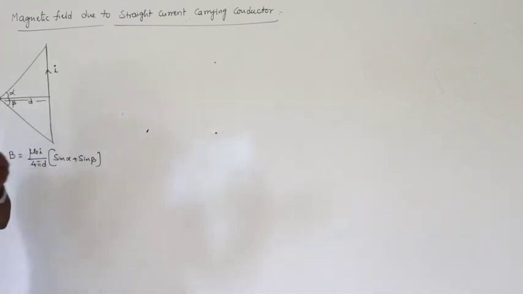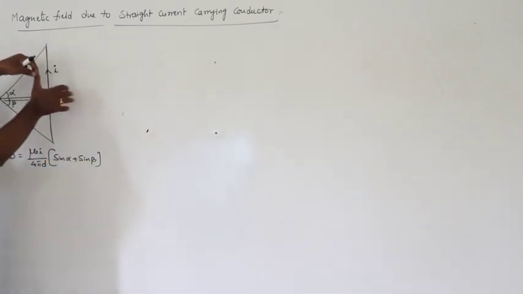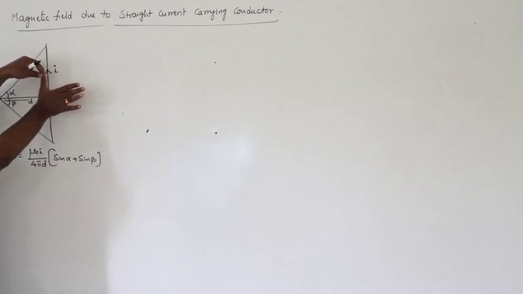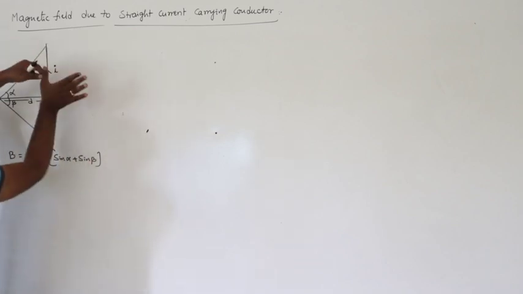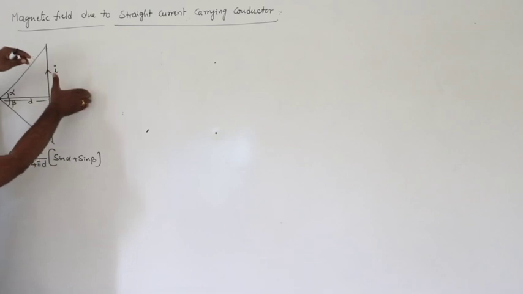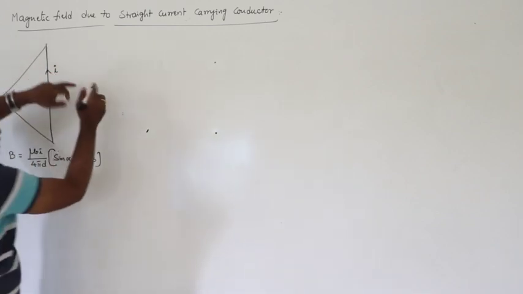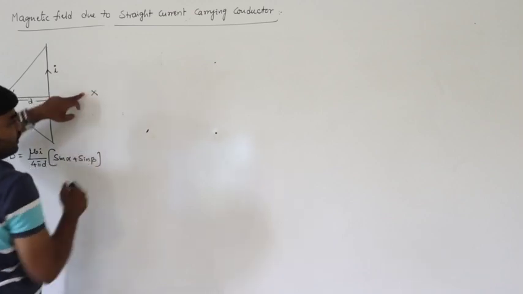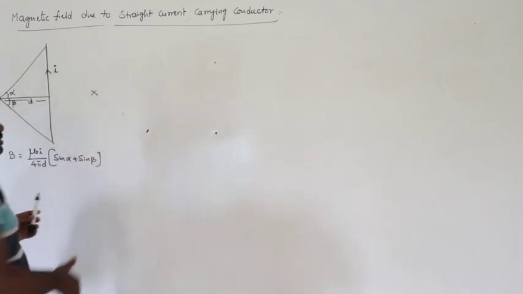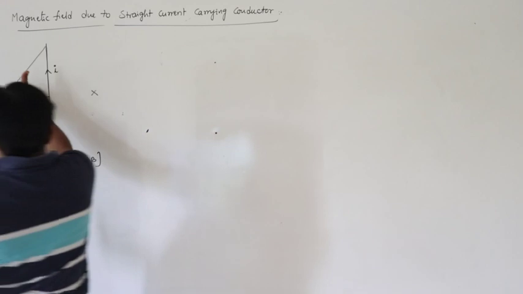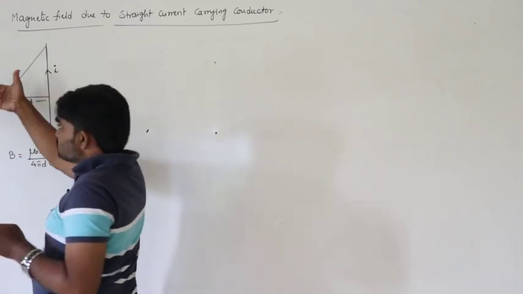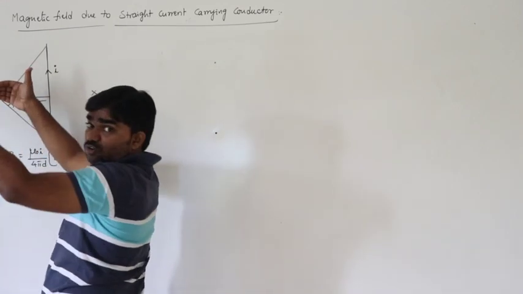See here, curling of the fingers. This is the thumb, this is the direction of the current. On the right hand side, the fingers are moving inwards. The curling of the fingers means this is inwards. So the direction of the magnetic field on the right side of the conductor is inwards. But coming to the left hand side, the curling of the fingers is outwards.